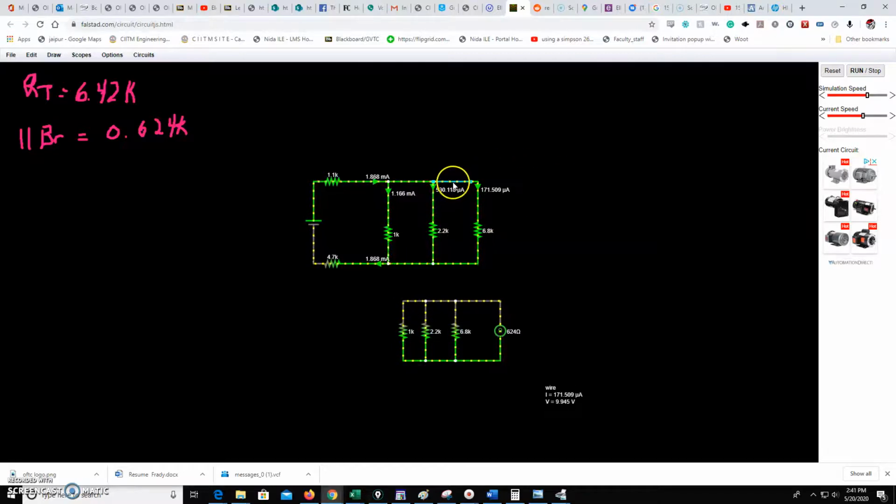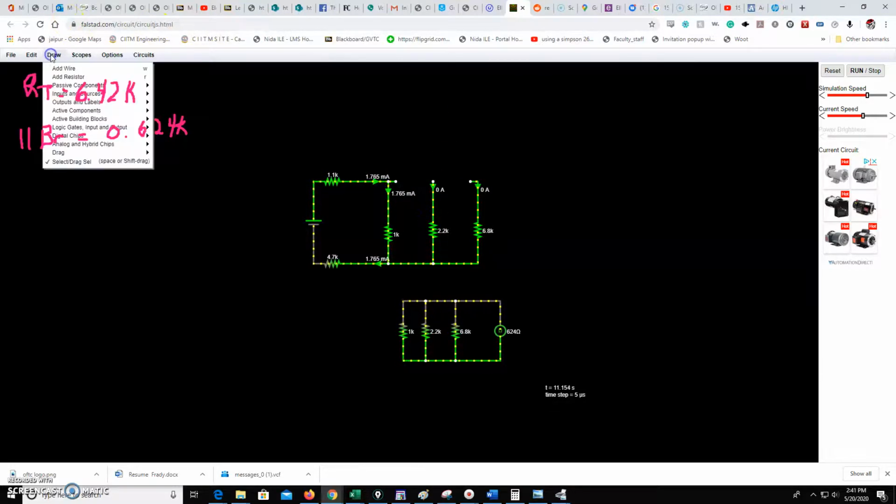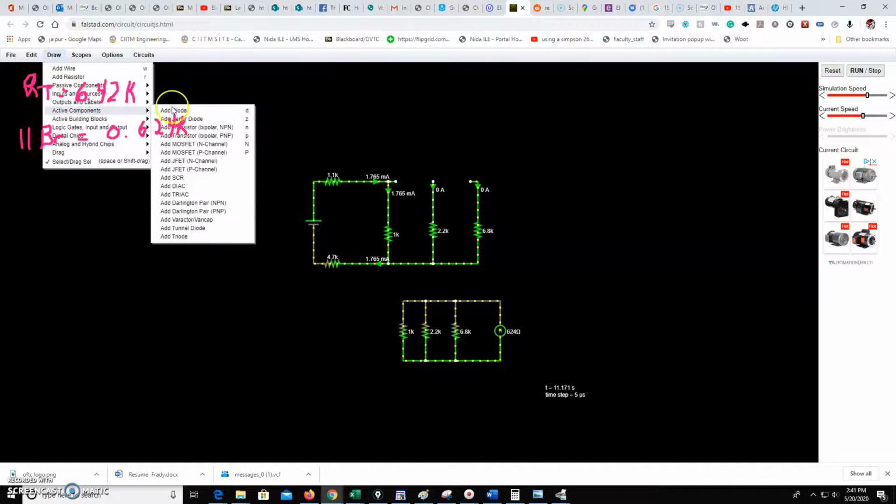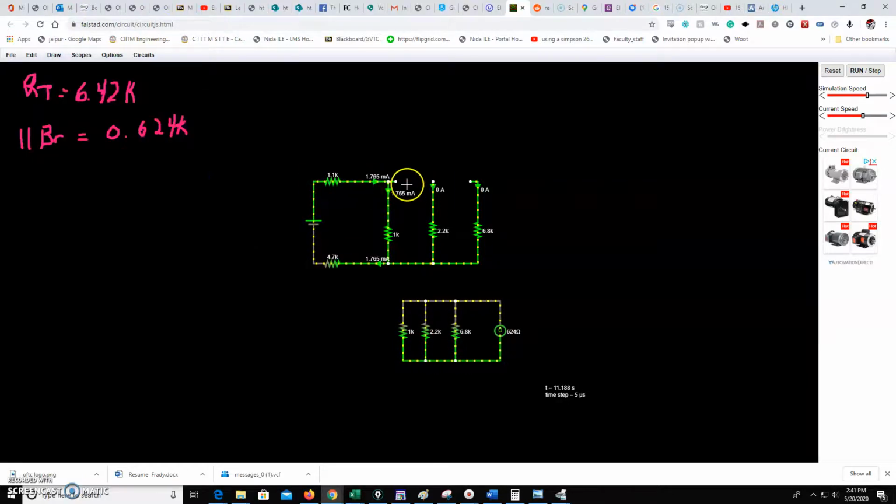And I'll show you one more thing while we're here. We'll throw in a couple more ammeters here. And it really doesn't matter if I do them on top or on bottom.